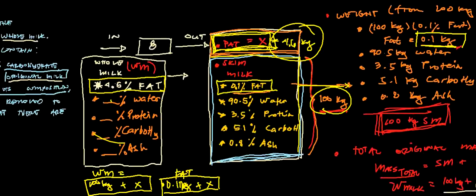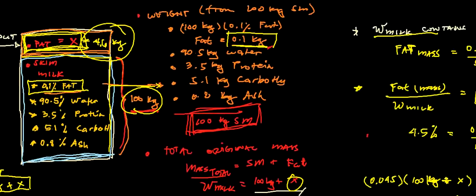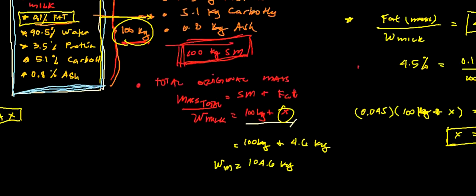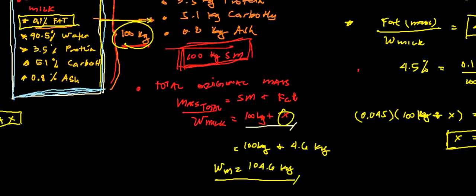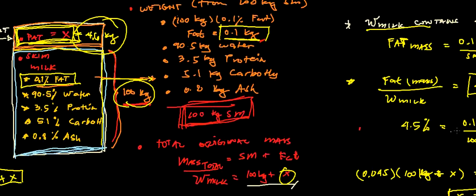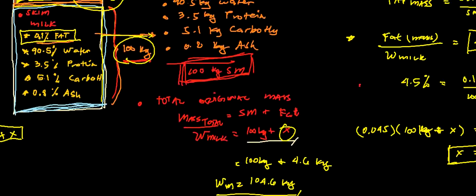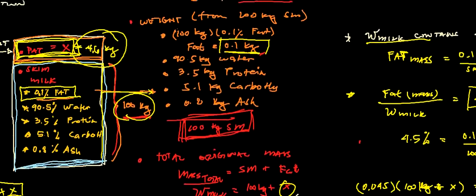This whole milk is the combination of these two, the 100 kilogram plus 4.6, so the mass of this whole milk is 104.6 kilogram.